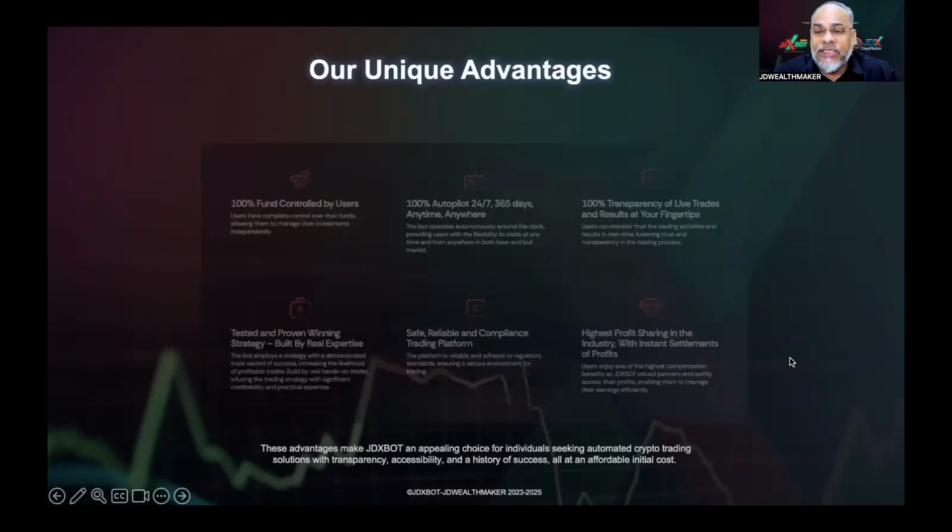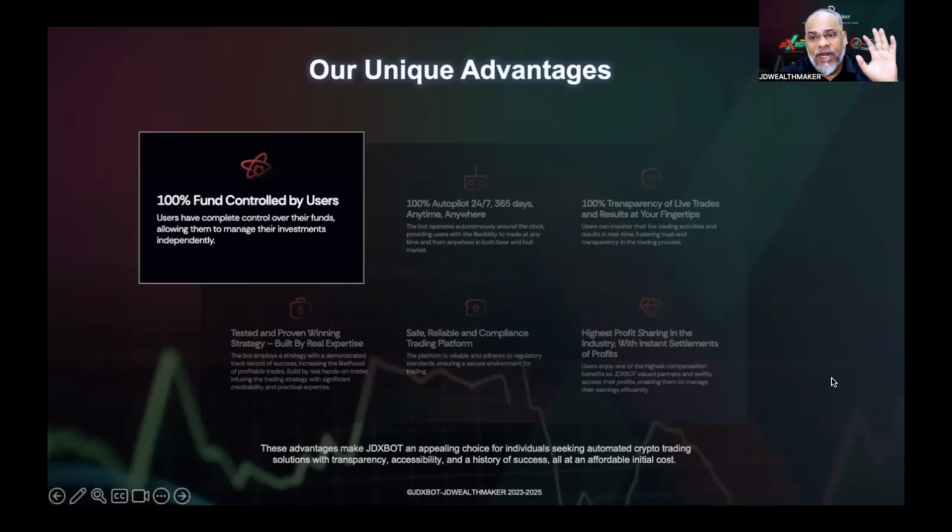Now, quickly, let's look into some important advantages of JD Expert. First thing first is that, whatever we want to do, even when it comes to the copy master, we want to make sure our user has 100% control of their fund. So over here, users have 100% control of their fund. Users can decide when they want to deposit, when they want to withdraw.